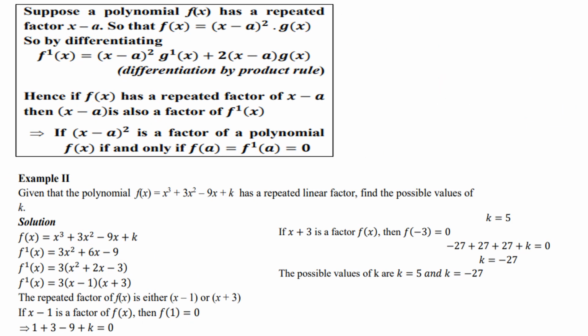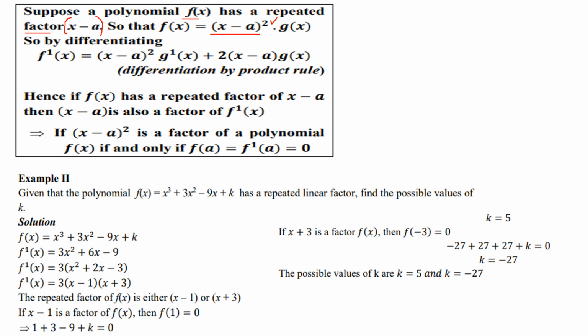Now we are giving a note. Suppose our polynomial f of x has repeated roots or a repeated factor. Now you have to pay attention here. A repeated factor, in this case we give an example of x minus a. For repeated factors, I want you to note this. A repeated factor is denoted by a divisor which has a squared on top as a superscript.